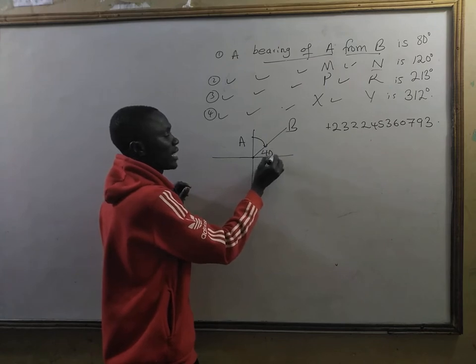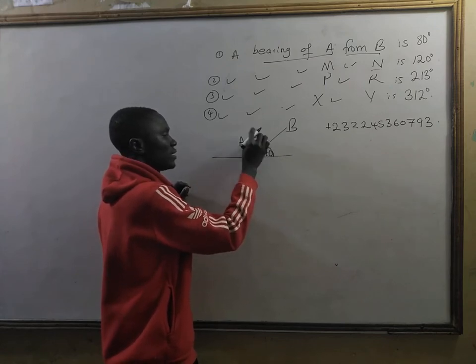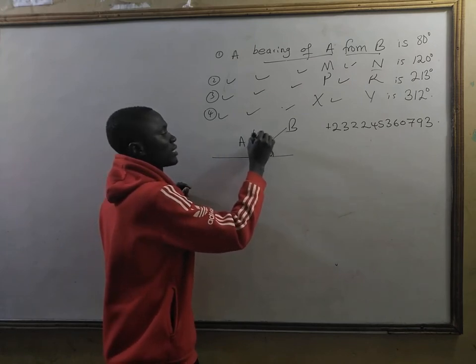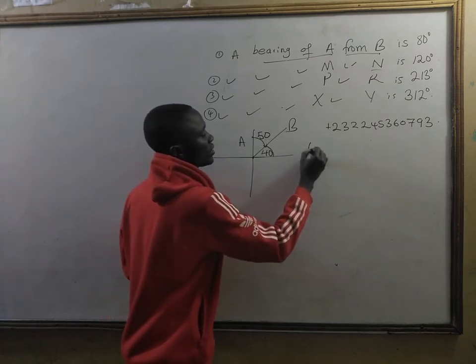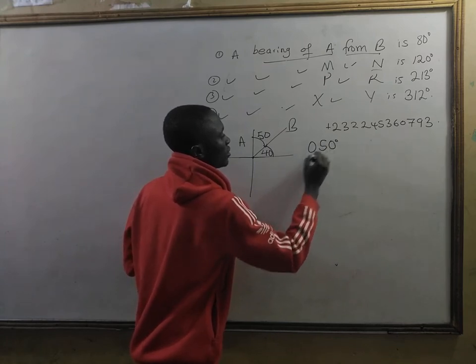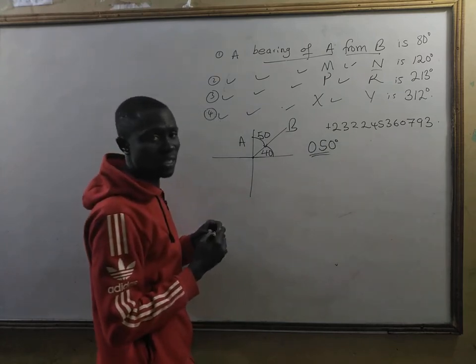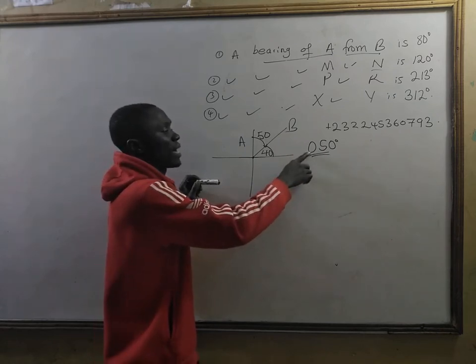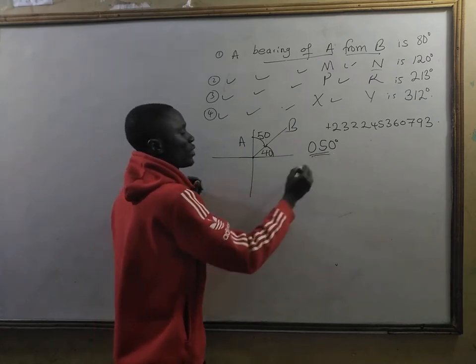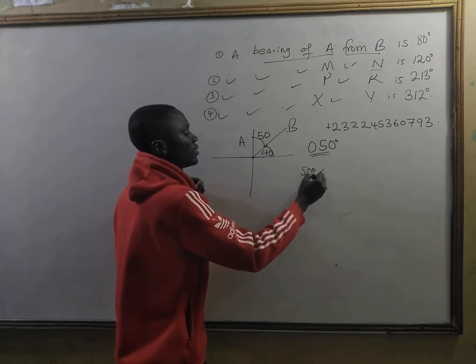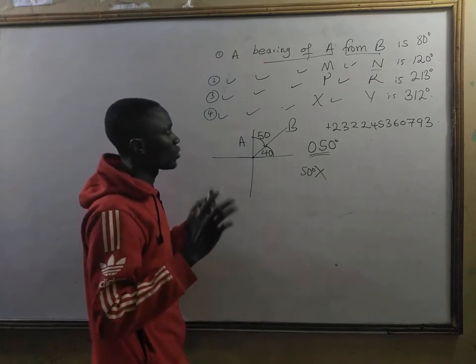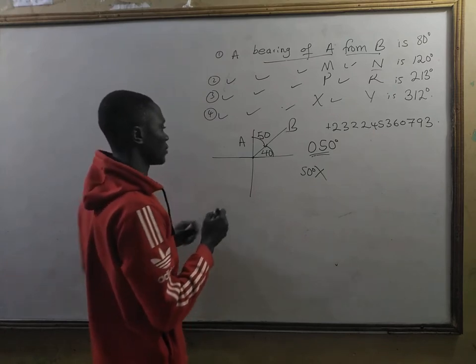I know that this angle plus this one will give me 90. So I'll take 40 from 90 and I'll get 50. So the bearing is 050 degrees. It is a 3-figure bearing, so that's why I'm adding 0 to my answer. If you write only 50, it's wrong. So 050 degrees. Wow.